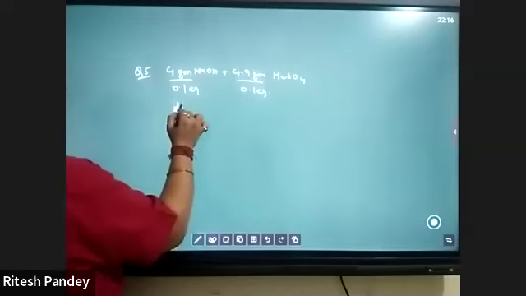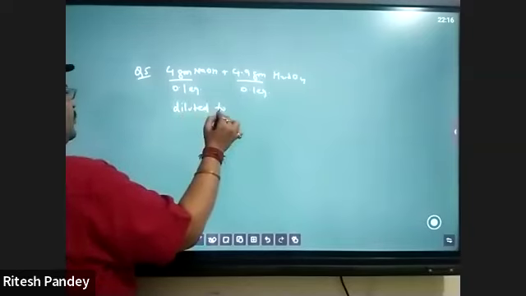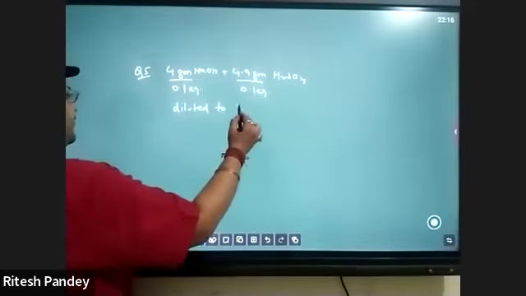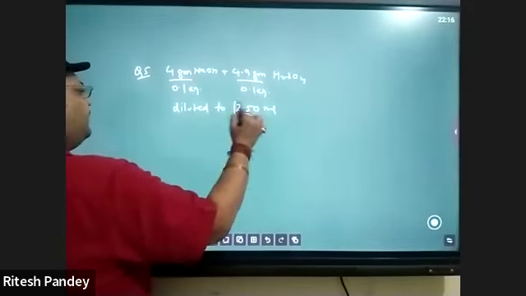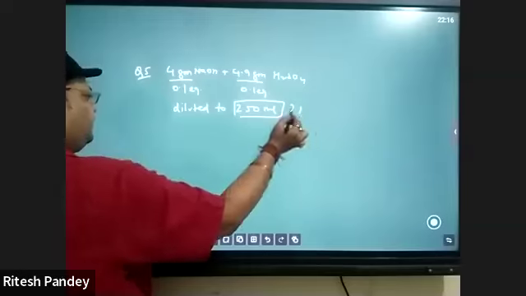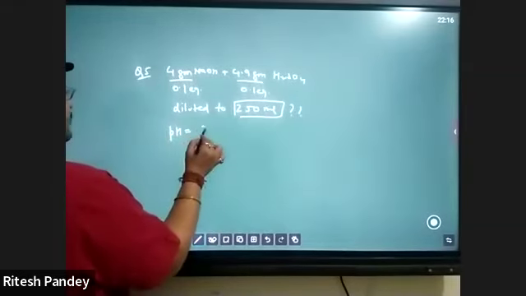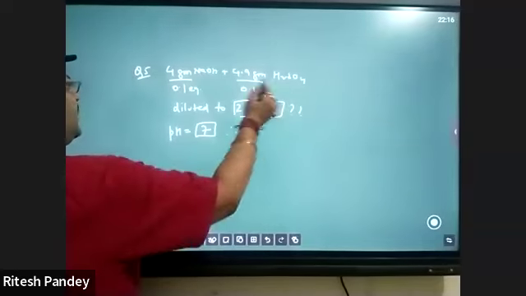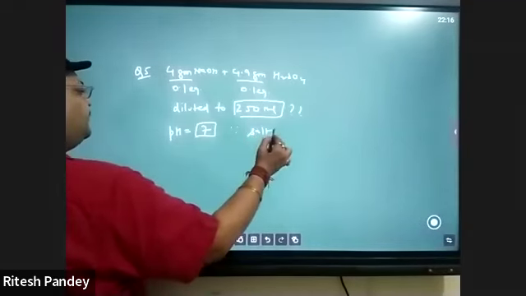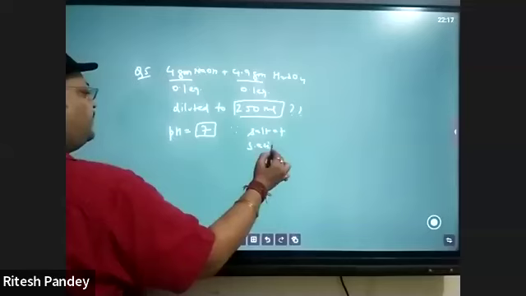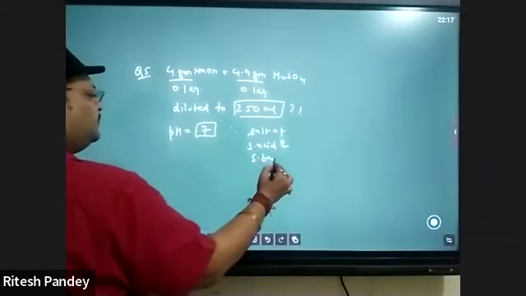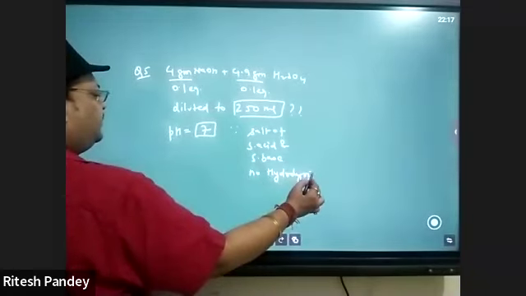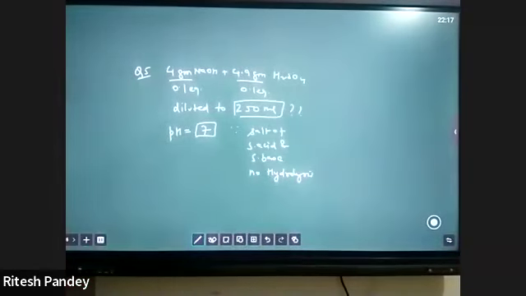Now, it doesn't matter to what volume it is diluted; it could be 250 ml or any random value, this will not make any difference. pH will be equal to 7 because a salt of strong acid and strong base will have no hydrolysis. So pH 7 is going to be the right answer to this. I think you're all there with me.